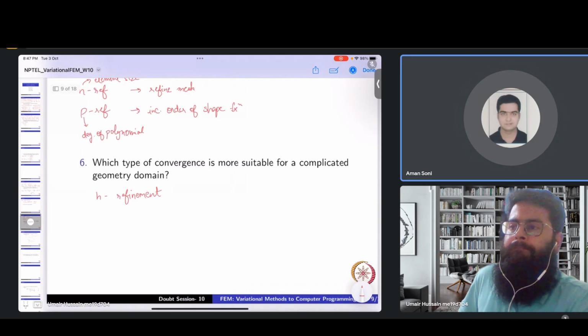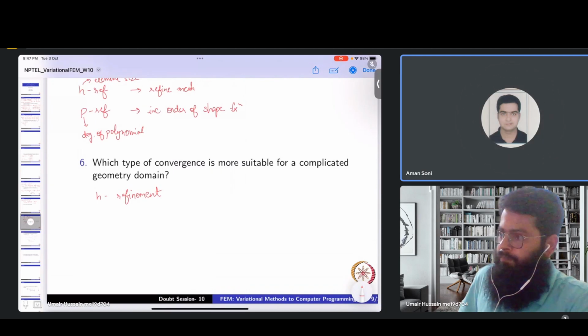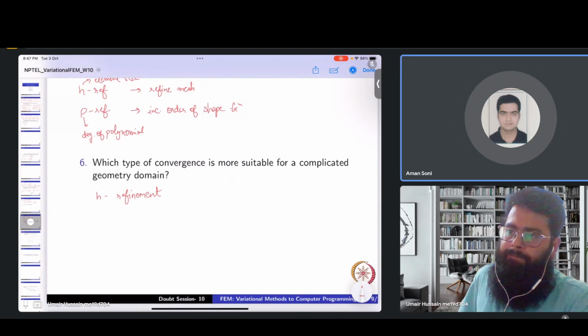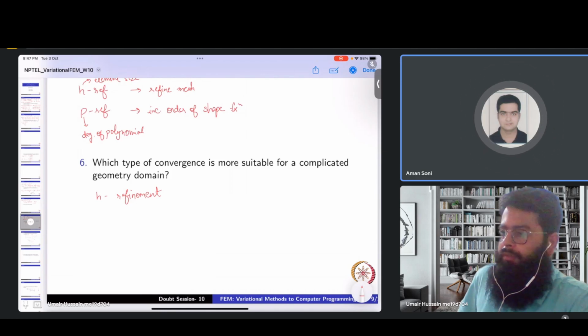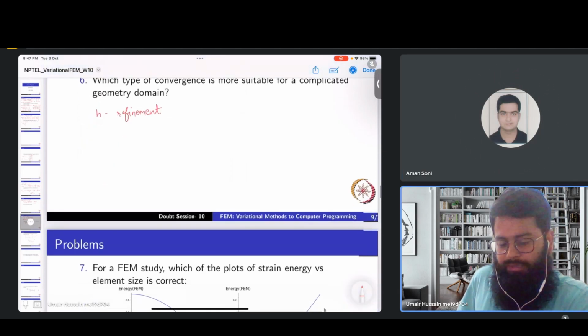Mesh refinement is in our hands, but to select the order of the shape function, I didn't see that in any preprocessor till now. So I think tonight, I will look into this. Sure, we'll discuss it next time.